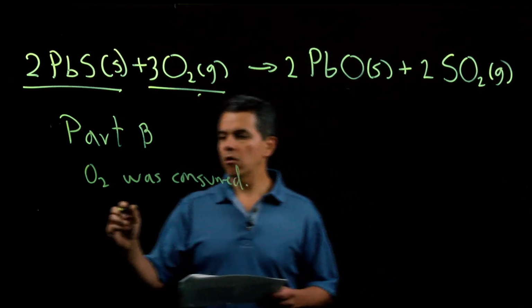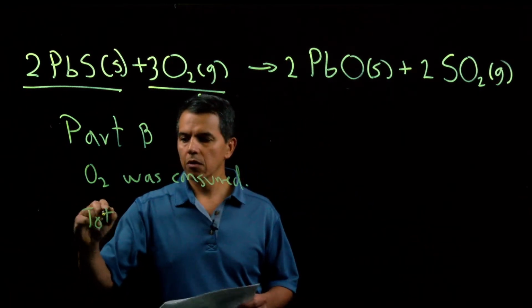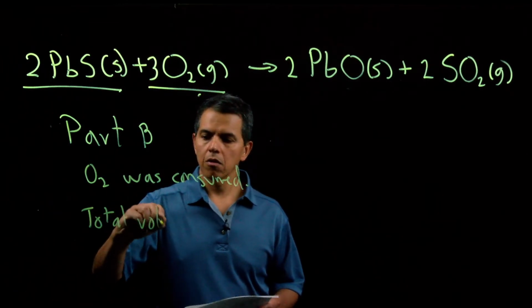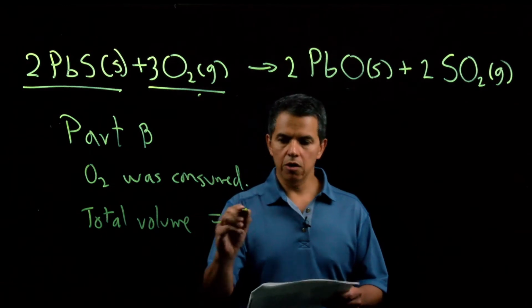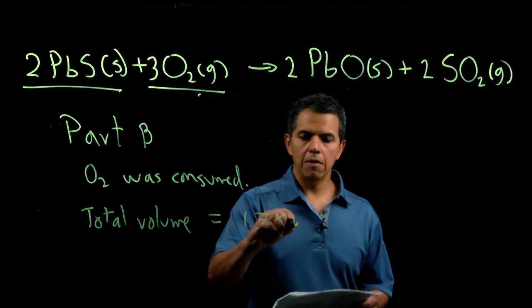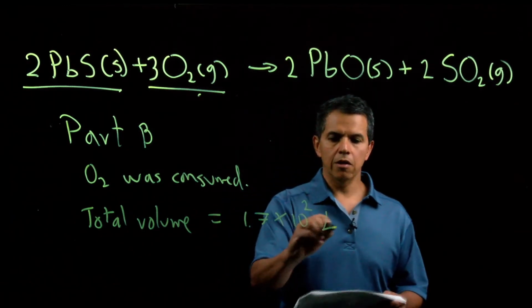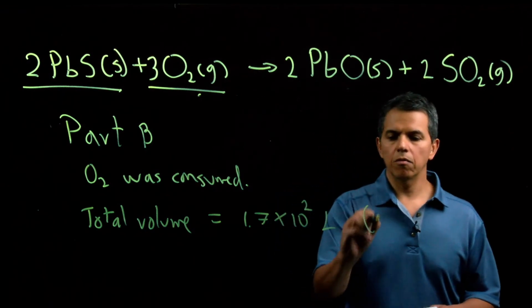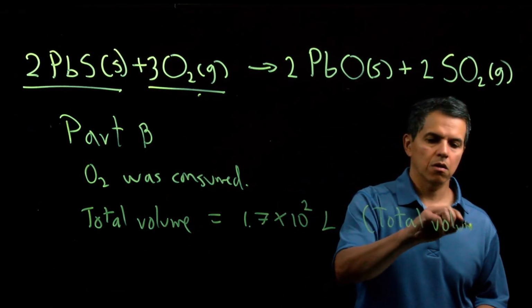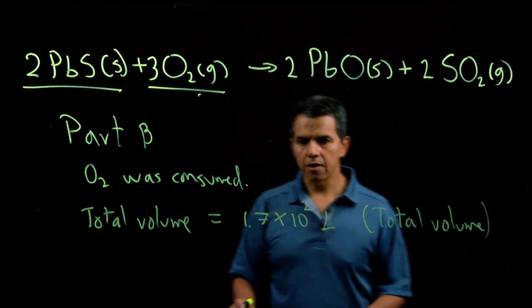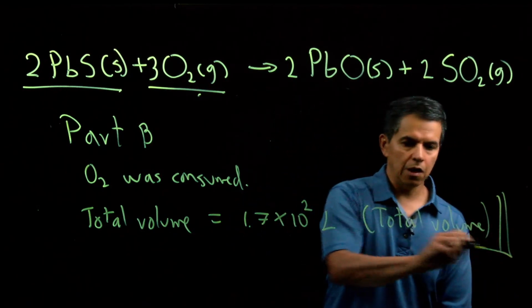Therefore, the final volume or total volume is the same as in part A, which is 1.7 times 10 to the 2 liters of total volume. And this is the end of this example.